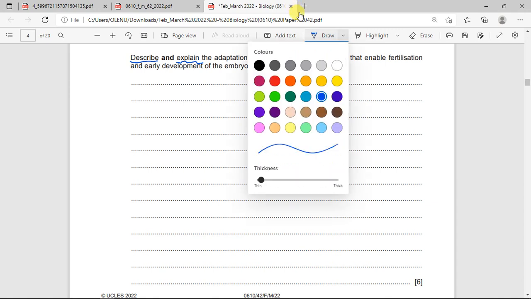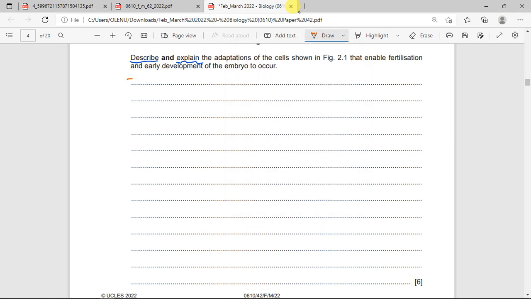There are two major keywords here, which are describe and explain. There are two cells, so I'll start with the first one. Let me say sperm cell. It's a 6-mark question. So, what are the adaptations of the sperm cell and their responsibility? Explain how they are responsible in fertilization.